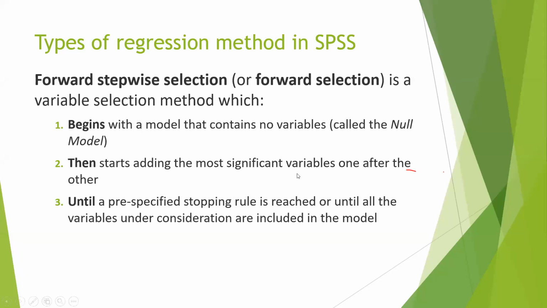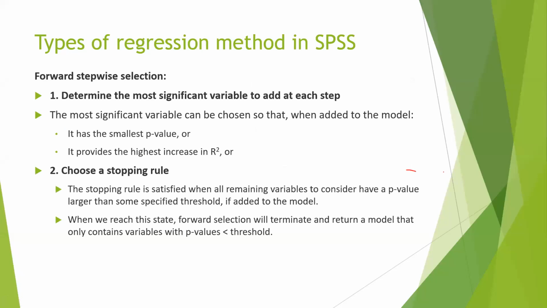The next slide says how to determine forward selection. Okay, first thing, determine the most significant variable. The most significant variable can be picked up from the smallest p value, and it also provides the highest increase in R square. So what is R square? That is also very important to understand. As I was telling you, you have to define what your R square value is with the model. If you are not giving this R square, your model is not validated.